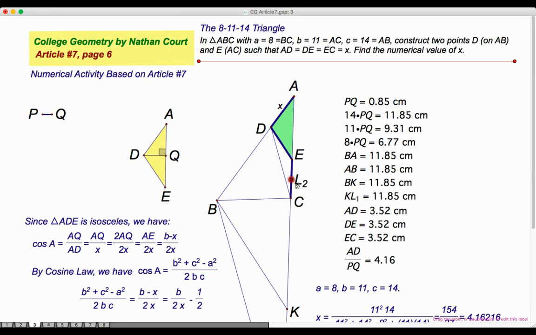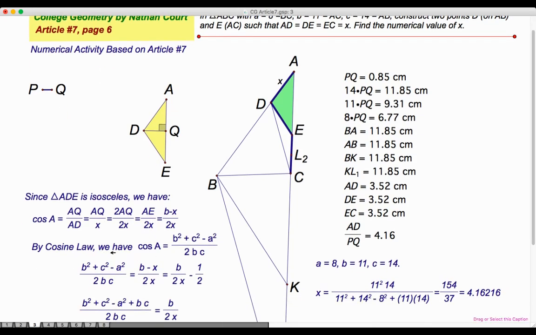Okay, this one is equal to x, and that's 2x. And wait a minute, we do know what the cosine law is. Cosine law for angle A gives you the formula (b squared plus c squared minus a squared) all over 2bc. Compare this with the other cosine A. Therefore, I have (b minus x) all over 2x.